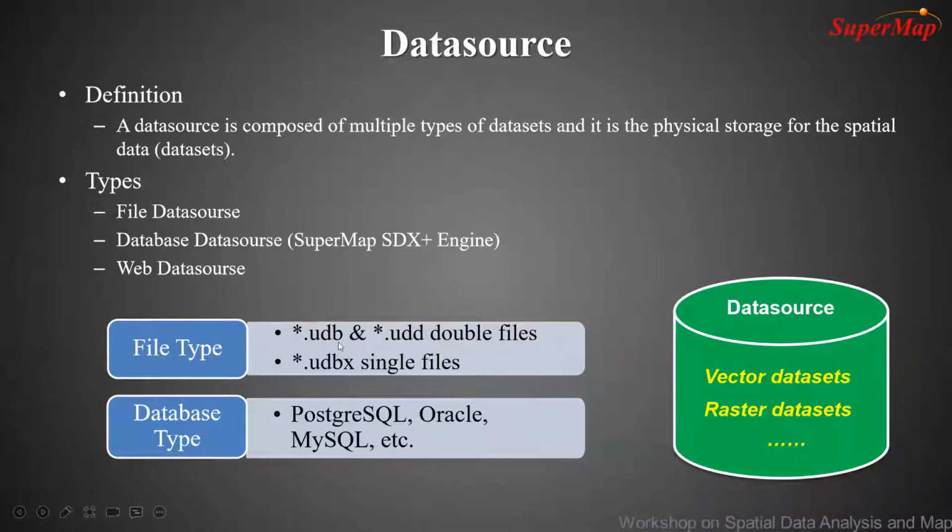The first one is UDB and UDD. These are double files. They work together to become one data source. And for UDBX, that is a single file, and they are the same. Just in the earlier version, we used the UDB and UDD format, and now we can just use the UDBX format.